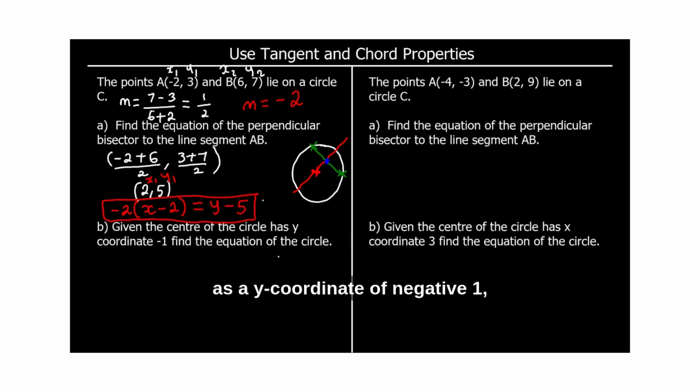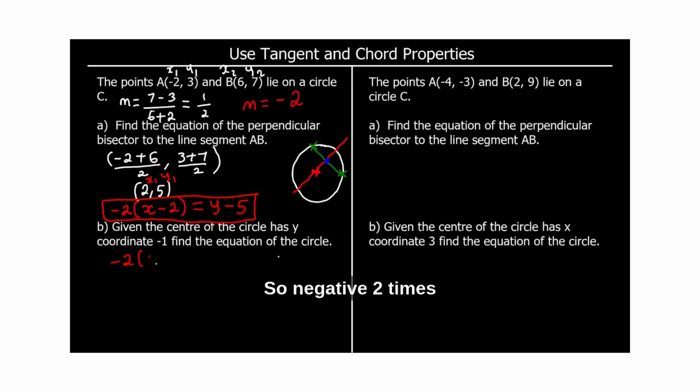Given the center of the circle has a y-coordinate of -1, find the equation of the circle. So we can find the center of the circle now by substituting in -1. So we know that this red line here, the perpendicular bisector, goes through the center. So if we substitute in its y-coordinate of -1, we can find its x-coordinate.